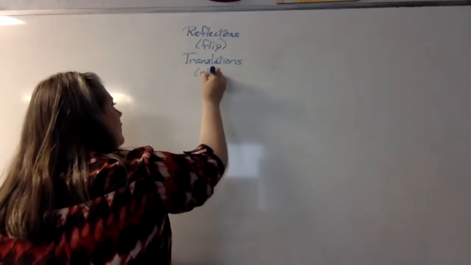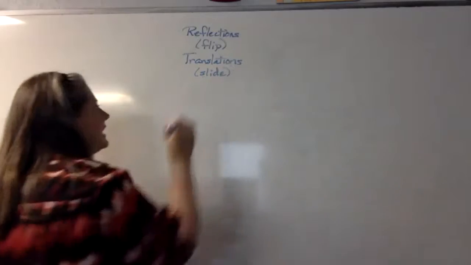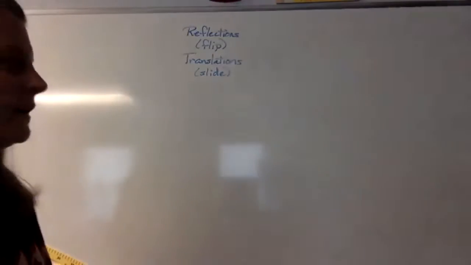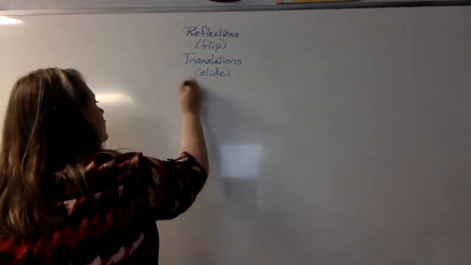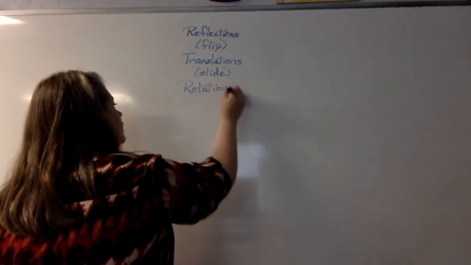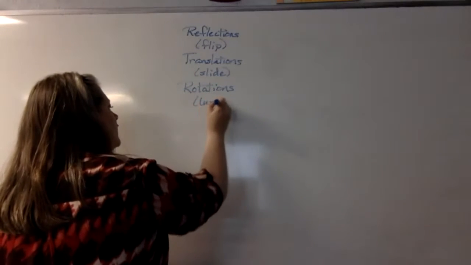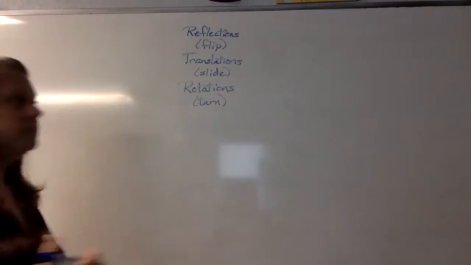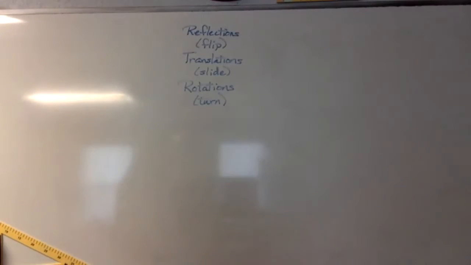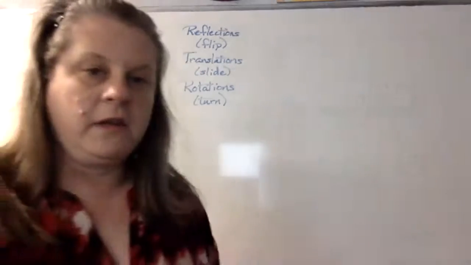Translations, you think of them as just a slide. They slide the figure over. They don't turn it in any way. They just slide it over. And then the last ones we had were rotations, and those are when you actually turn it. So reflections flip the figure, translations slide the figure, and rotations turn the figure.